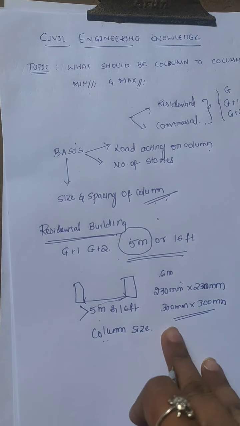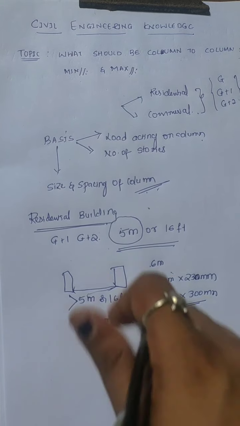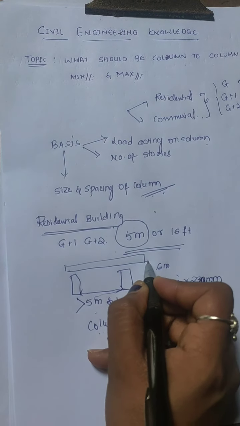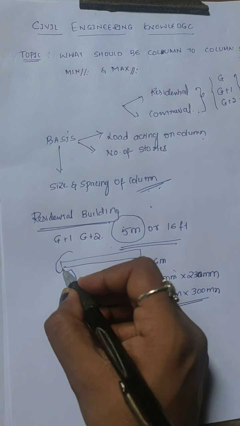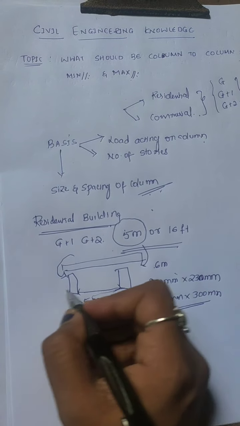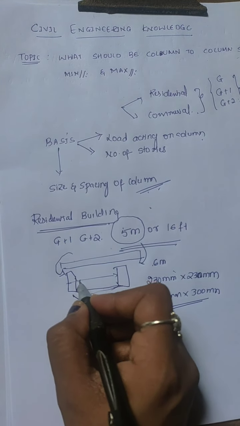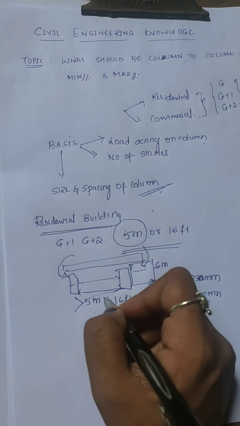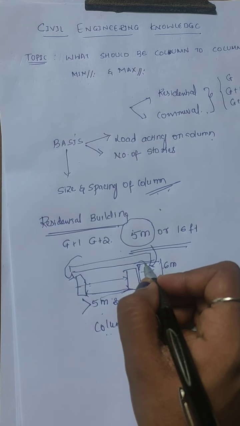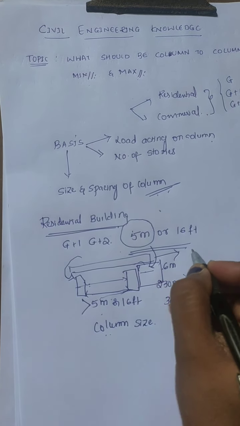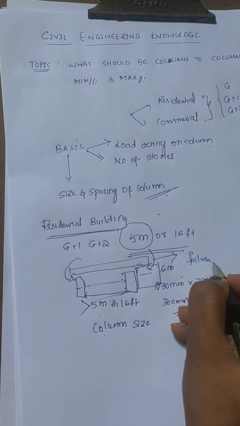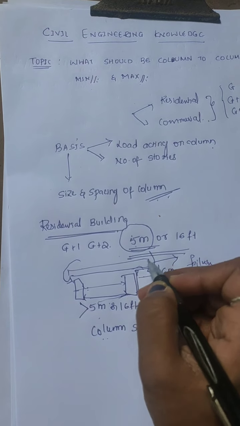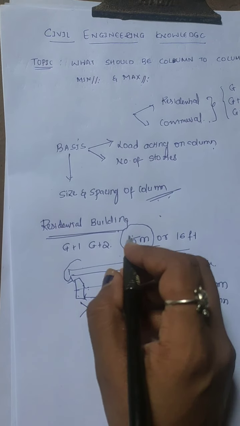Why is the size of the column increased? Because as spacing increases, the span of the slab also increases. In order to hold this slab, either the columns should be at 5 meters, or if they are farther away, at least the sizes should be larger so that it can be held in a proper position and would not lead to failure. So this is the maximum distance you can give between column to column, that is 5 meter.